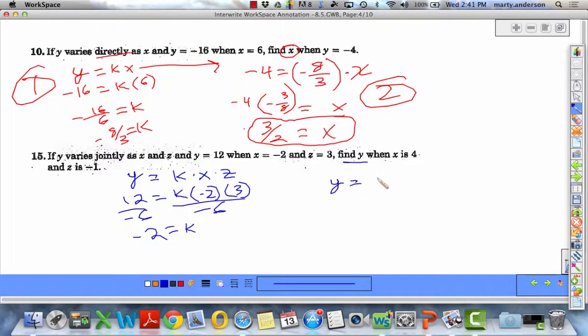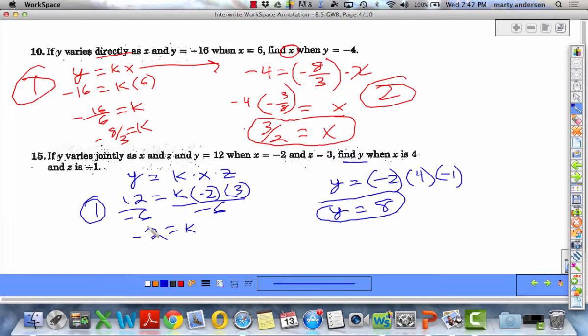Again, I know my value of k is -2. I'm just plugging into this formula now. I know this is the formula that I'm allowed to use because they told me jointly. Y equals -2 times x is 4 and z is -1. So I get y equals 8. Again, step 1, solve for k.